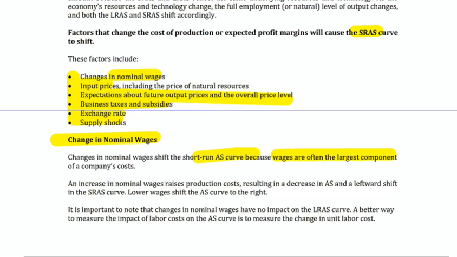An increase in wages, because it's such a large input into the process, will cause our production costs to go up, resulting in a decrease in supply. It becomes too expensive, and there is a leftward shift in the curve. Lower wages will shift the supply curve more to the right, and more will be supplied.